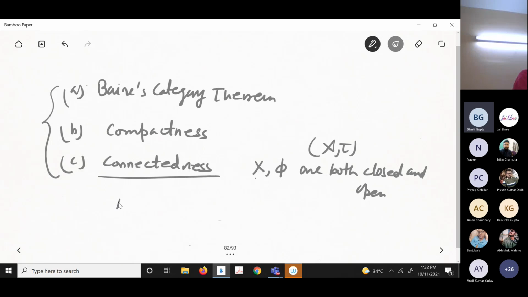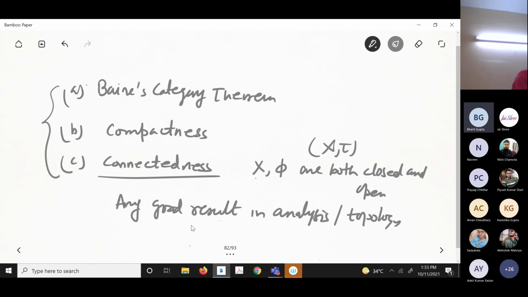Any good result, either in analysis, and by analysis I mean real analysis, functional analysis, even complex analysis, and topology, in its proof it must use one of these things.